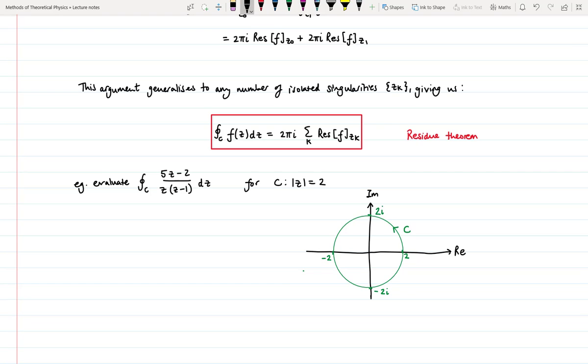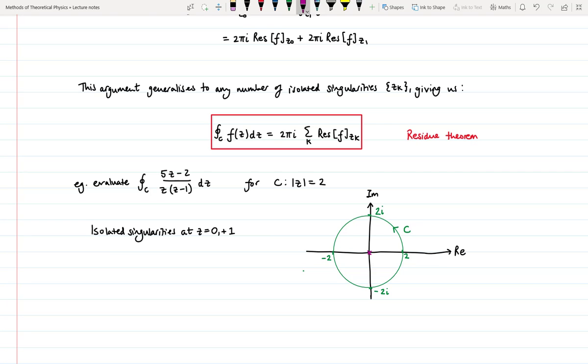Okay, let's look at the singularities of our integrand. Well, our integrand has isolated singularities at z equals 0 and z equals plus 1. And you can see that by looking at when the denominator equals 0. Let's draw those singularities in our picture.